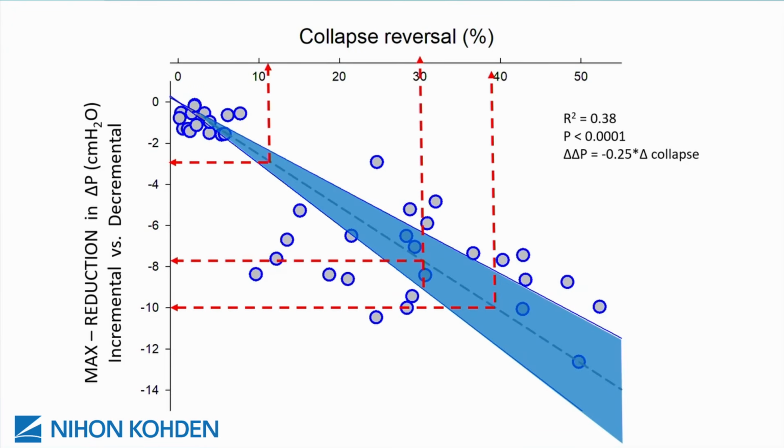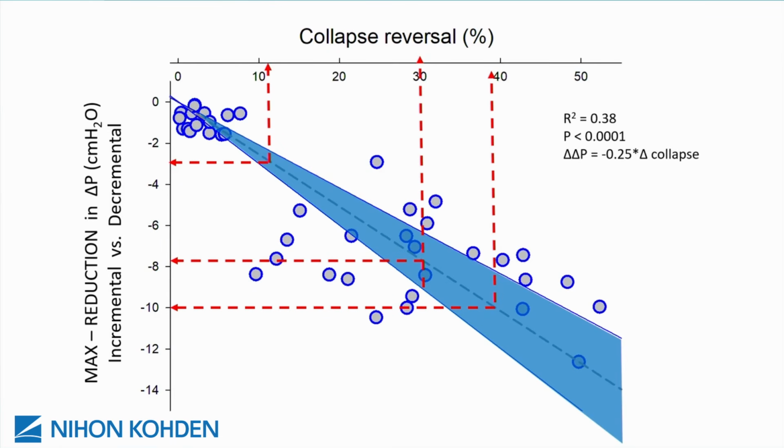So this is collapse reversal measured by CT and EIT. Some patients had 40% reversal, more than this, 50%, which means that, let's say, half of the lung was completely collapsed and could be completely reopened. Typically this represents 1 kilogram of lung mass.